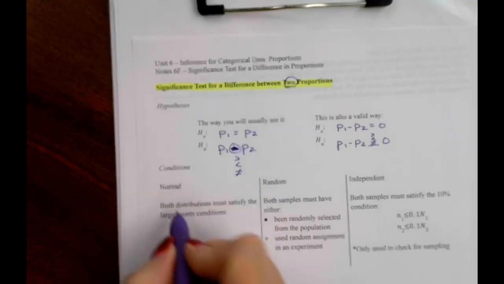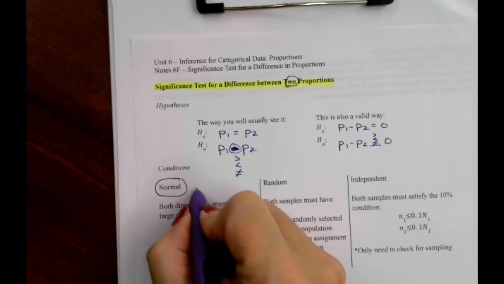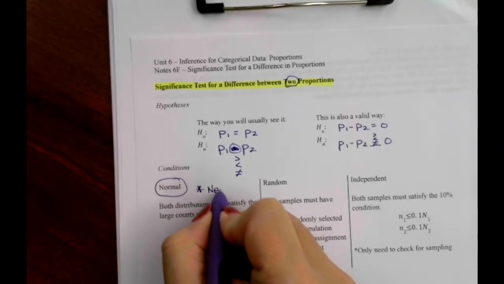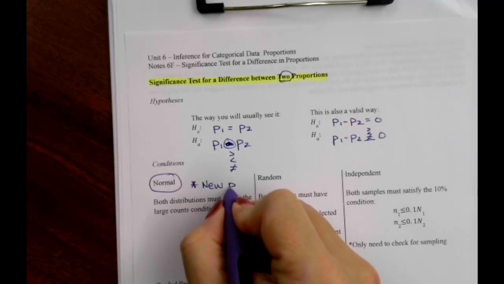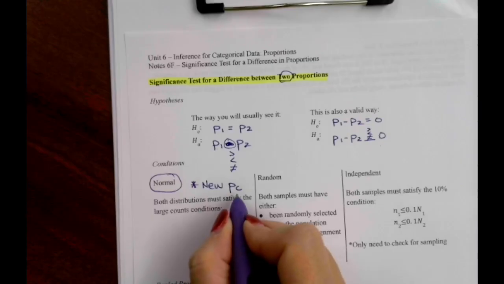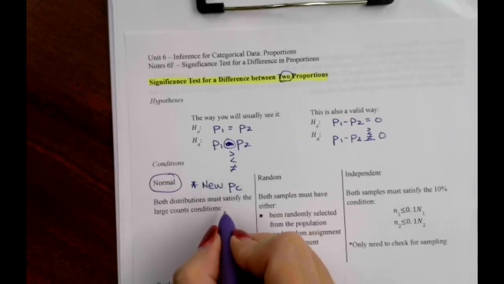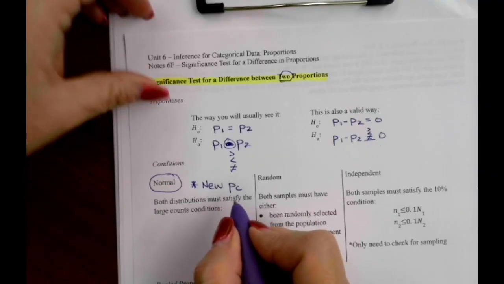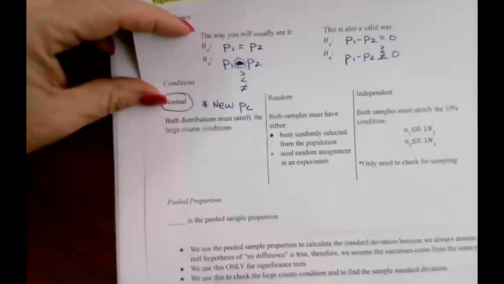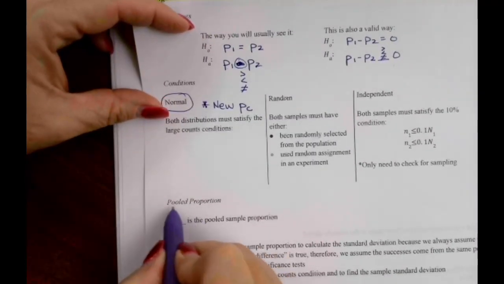When we talk about our conditions, with our normal condition, this is going to be new, because now we have something called P sub C. This P sub C is going to be that our values are combined. So let's pop down here really quick and then we'll come back up. I have this pooled proportion.